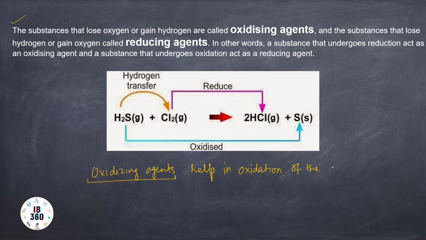Here the other reactant is important. It doesn't itself get oxidized, rather it helps in oxidation of the other reactant. Similarly, reducing agents help in reduction of the other reactant.